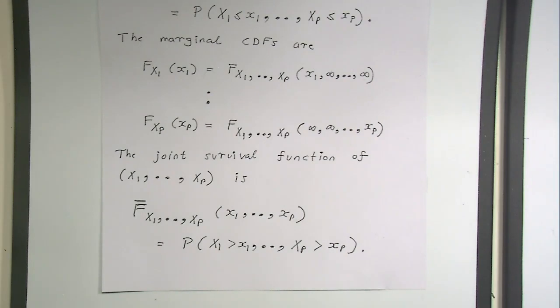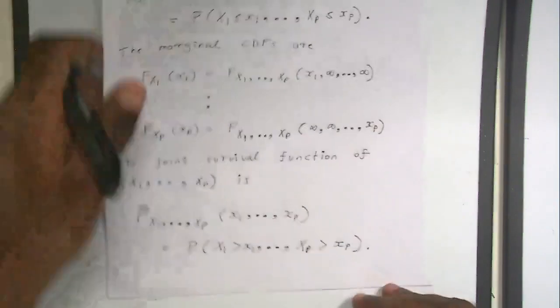Now let me show you how to obtain the marginal survival functions from the joint survival function. That's the next thing I'm going to talk about.